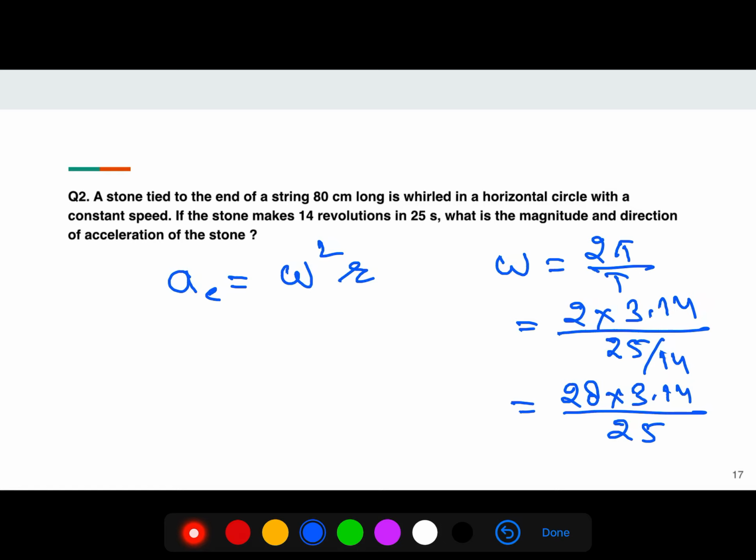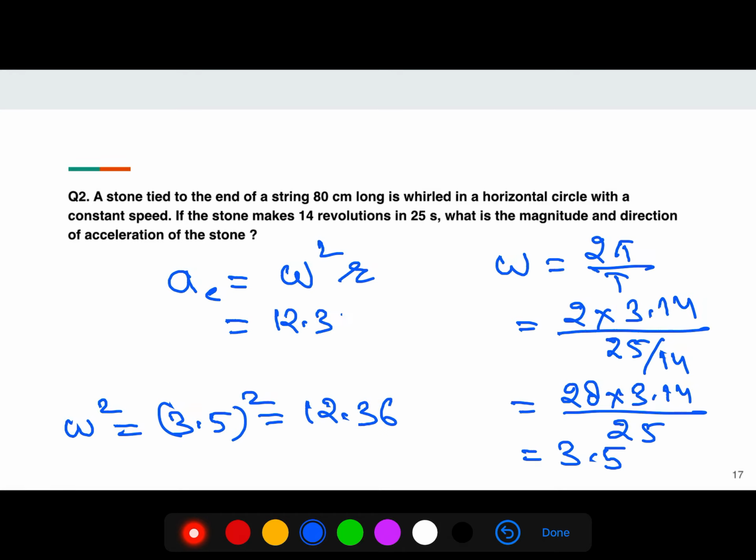Then when you square it, you will get 3.5 squared, and you will get 12.36. So put this 12.36 multiplied by 0.8 and find the answer. It will be 9.8 meter per second square.